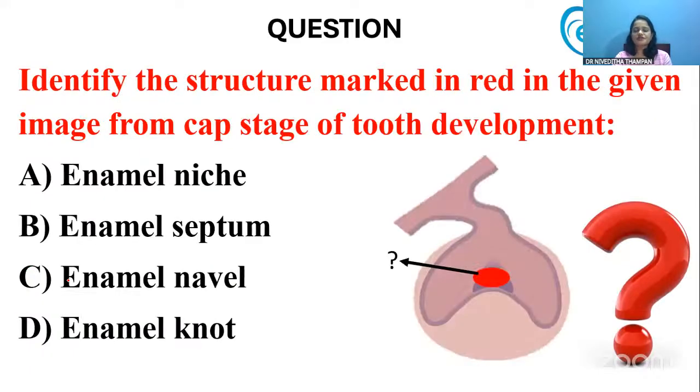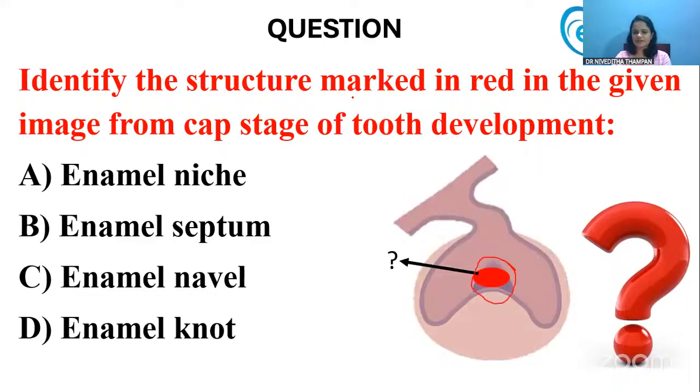Now, next question. Identify the structure marked in red in the given image from the cap stage of tooth development. Doctors, answers please. We had already studied about this. This structure marked in red is a transient structure present in the cap stage of tooth development.